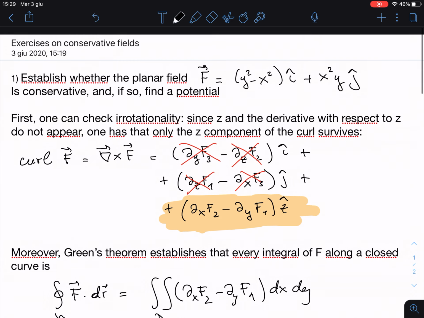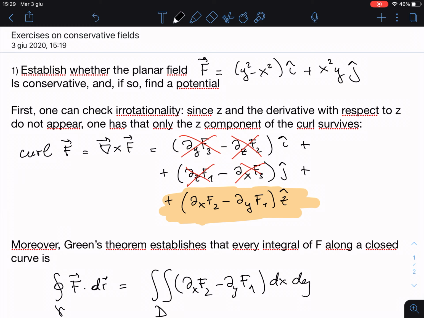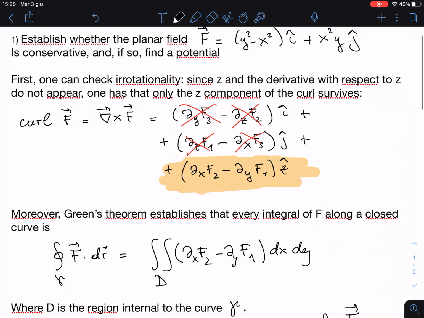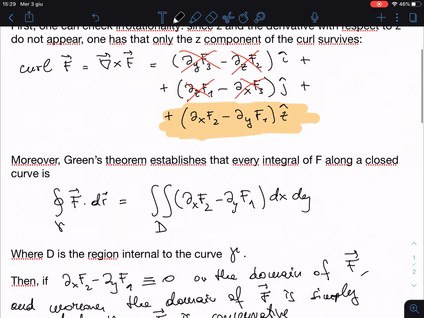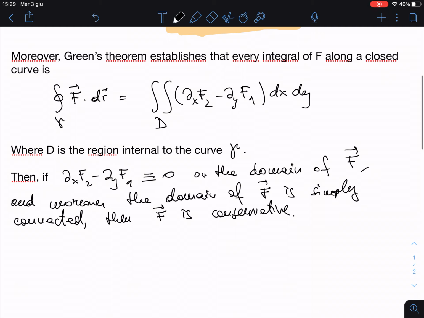This is from a basic observation, applying the basic theorem on conservativity that we already saw, which we can now see through the light of Green's theorem. This is an important criterion.